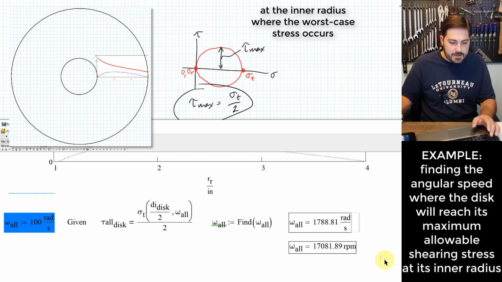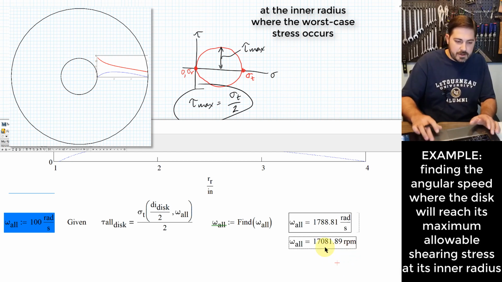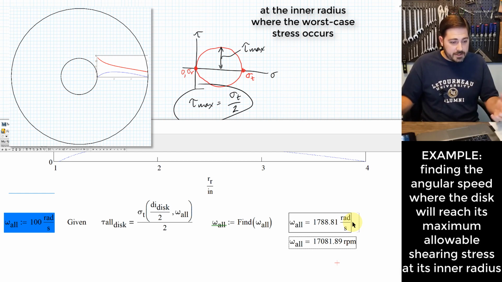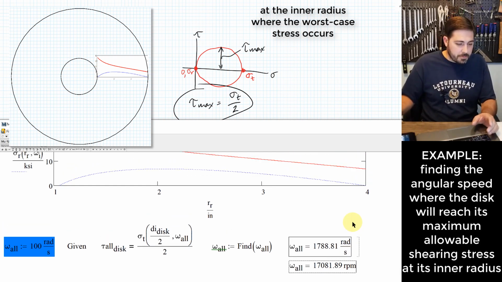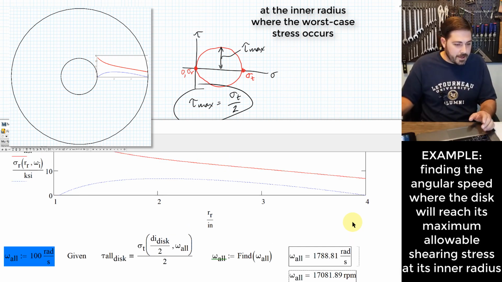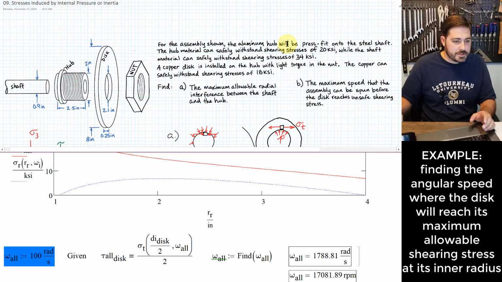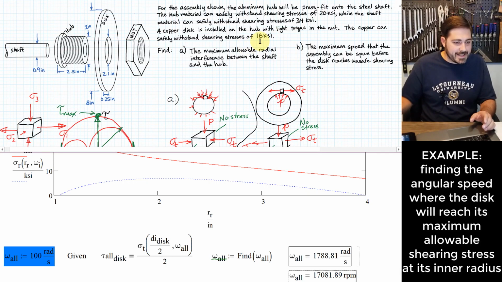It turns out that this is going to be able to spin pretty fast. 17,000 RPM is a pretty fast angular speed for this, but that is how much speed it would take to get to the point where we have a shearing stress that would cause the copper to fail, according to the givens of the problem, right? This up here said it could withstand 18 KSI of shearing stress.